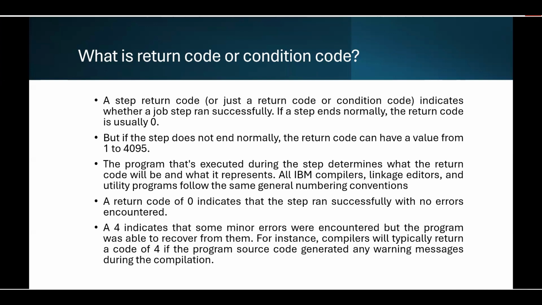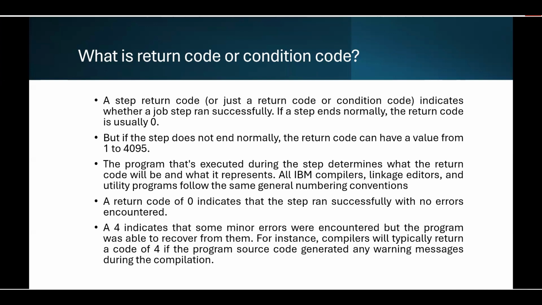For instance, a compiler will typically return a code of 4 if the program source code generated any warning messages during the compilation. So basically it is regarding warning messages or a minor error, but the program was able to recover from that error. So whenever we get a condition code or return code of 4, our program also gets executed.